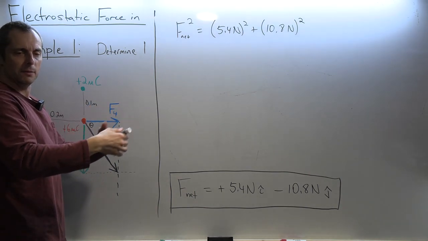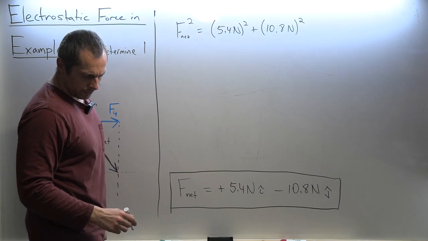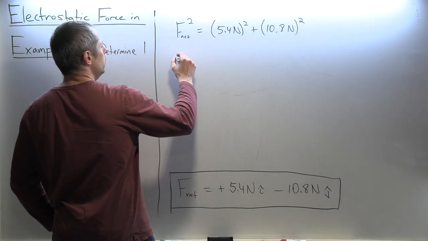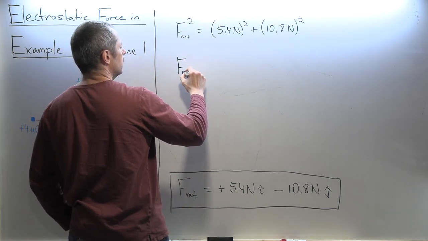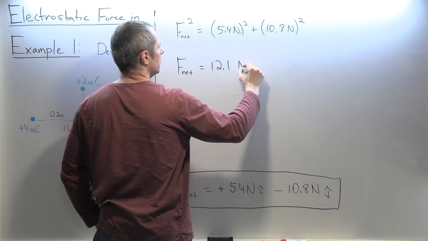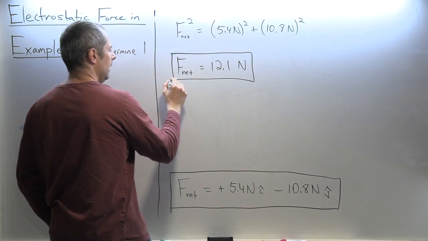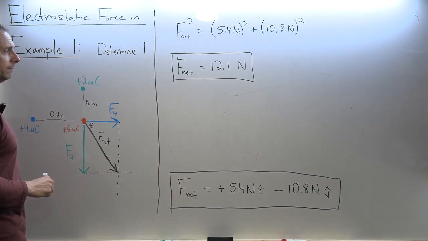Square those out, add them up, take the square root of both sides, and I believe you get 12.1 newtons. So there's the magnitude of the net force of those components.